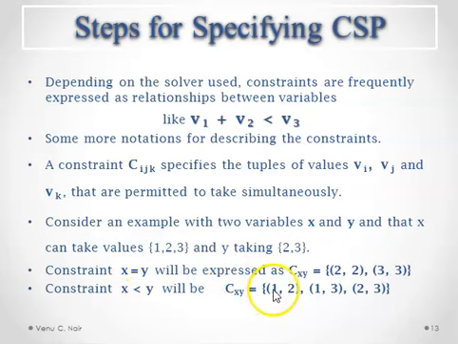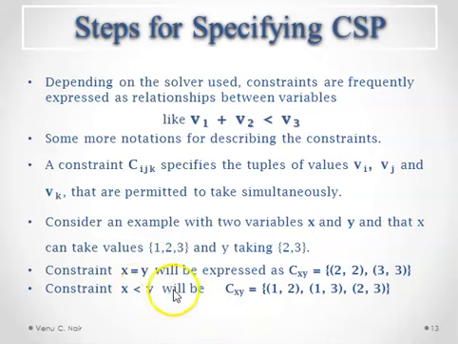So we can have 1, 2, 1 is less than 2, 1, 3, again 1 is less than 3, and 2, 3, 2 is less than 3. We cannot take the value of 3 for x because y does not have a value higher than 3. Hope you are following me.